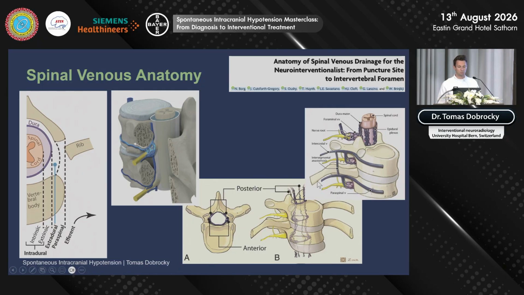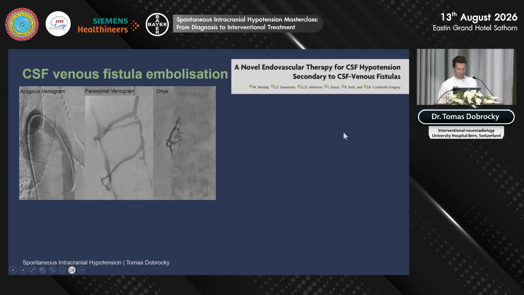But the important thing here is that we have intercostal or segmental veins, which are connected through intersegmental anastomoses. Out of the intercostal veins, we have veins that then run into the foramen, the foraminal veins, the area where the fistulas are located, no matter if you're treating them surgically, endovascularly, or by CT. This is the level which you are targeting.